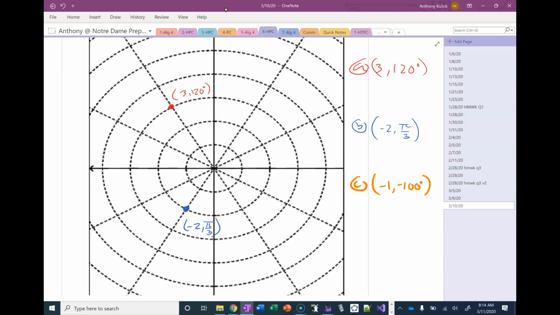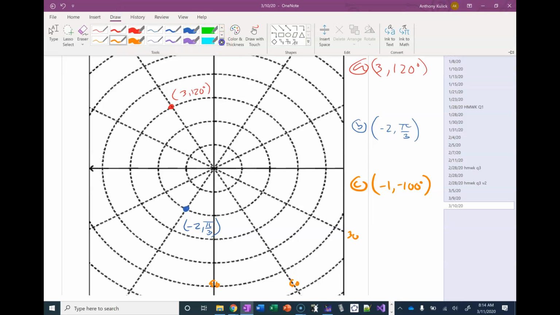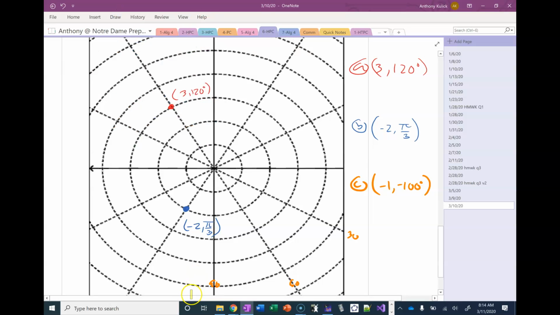Yeah, I'm going the other direction, so I'm going clockwise instead of counterclockwise. So 30, 60, 90. -100 degrees is going to be like 1/3 of a wedge, right? So 90 degrees, and then I need 10 degrees more. 10 degrees more is going to be like 1/3 of that wedge.